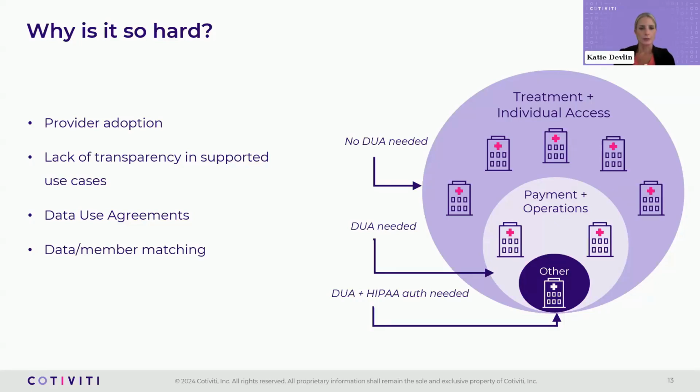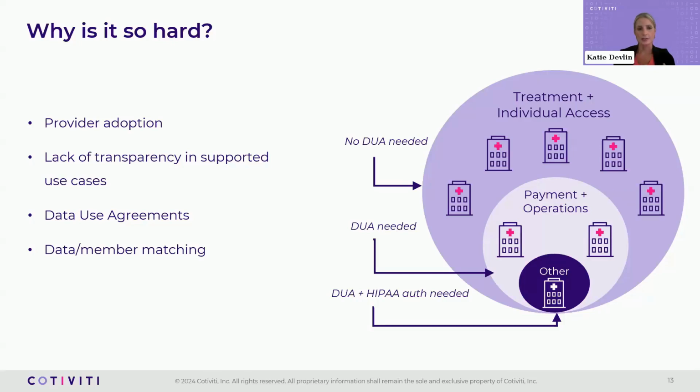And that's great. But then when you ask them how many patient lives they have access to, or where their market penetration is for healthcare payment and operations exchange purposes, that's where it gets really tough because there's not a lot of support out there for that. A lot of these vendors and other partners won't provide that level of transparency because they don't have a lot of data there. So it's really important to dig in there.